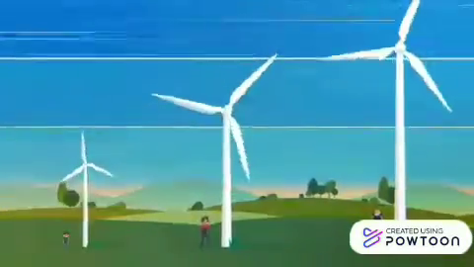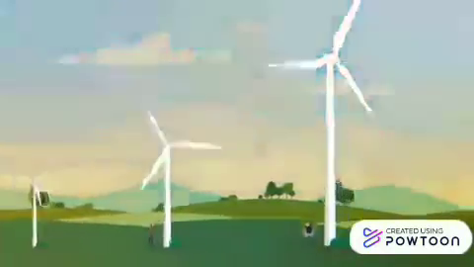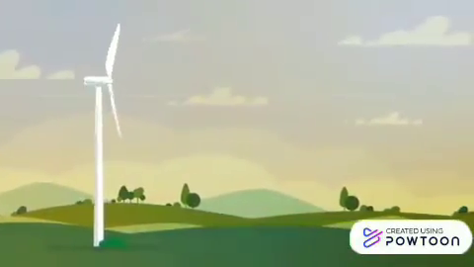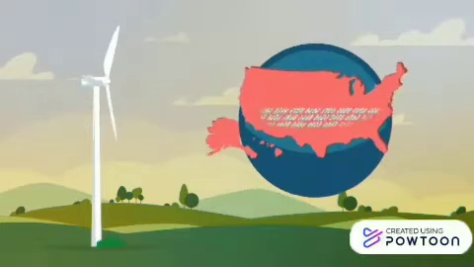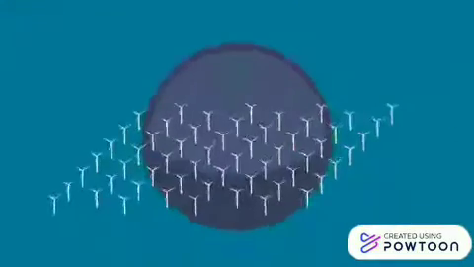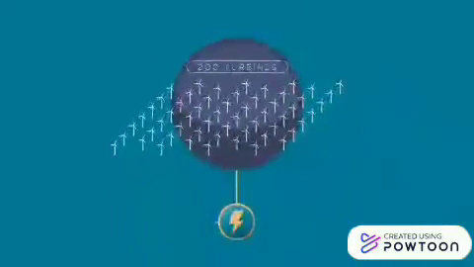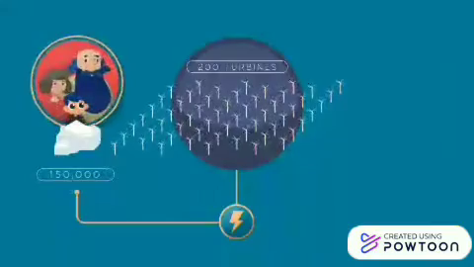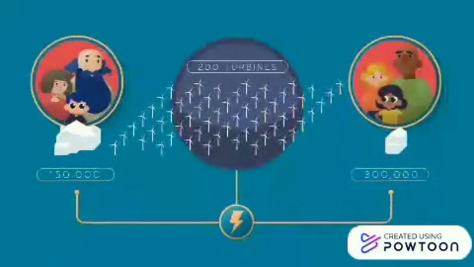A turbine of this height and size can capture a huge amount of wind, generating enough electricity every year to power 750 American homes. A wind farm of 200 similarly sized turbines could power over 150,000 American homes, or twice as many European homes, for an entire year.